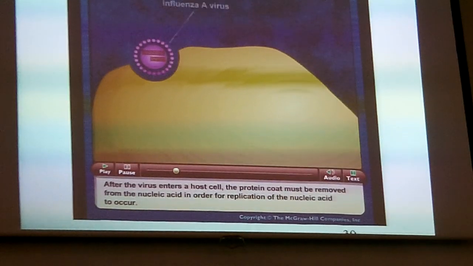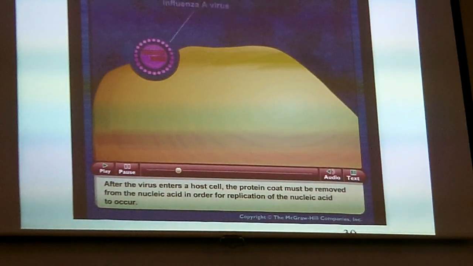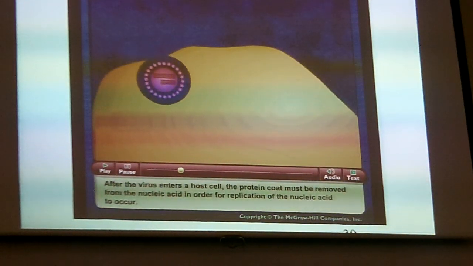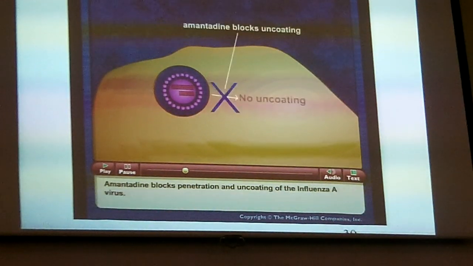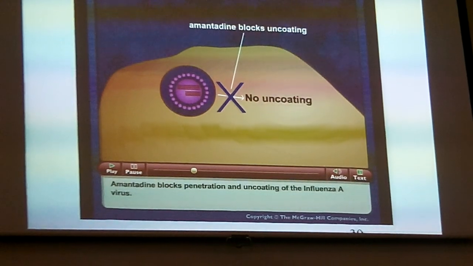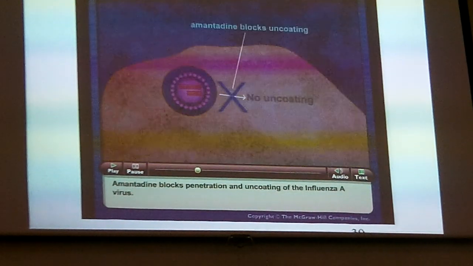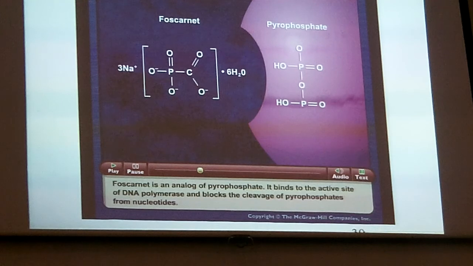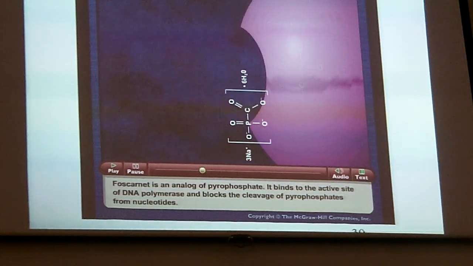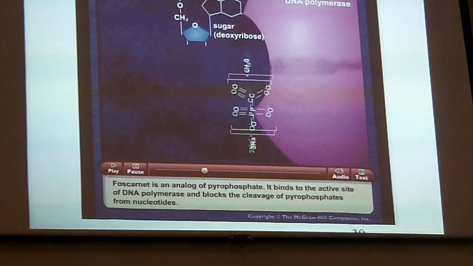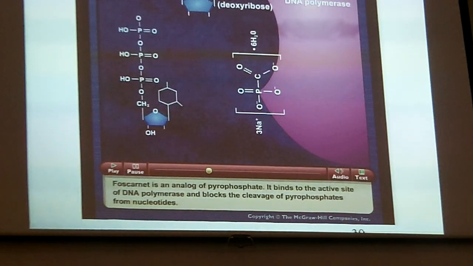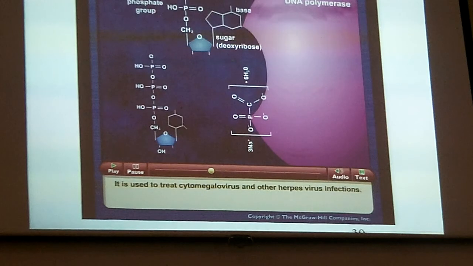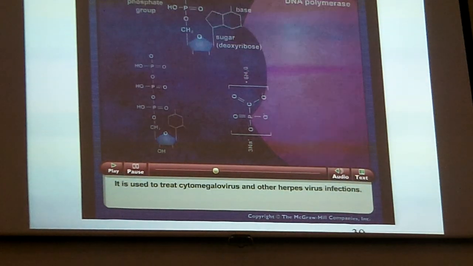After the virus enters a host cell, the protein coat must be removed from the nucleic acid in order for replication of the nucleic acid to occur. Amantadine blocks penetration and uncoating of the influenza A virus. Foscarnet is an analog of pyrophosphate. It binds to the active site of DNA polymerase and blocks the cleavage of pyrophosphates from nucleotides. It is used to treat cytomegalovirus and other herpes virus infections.